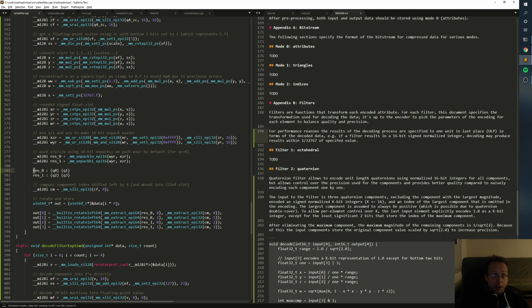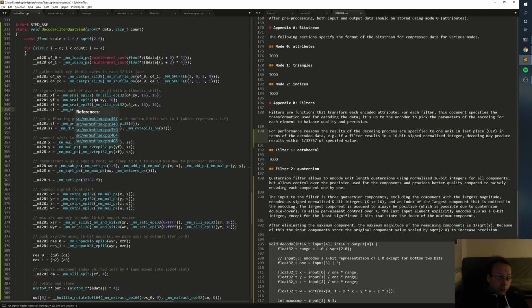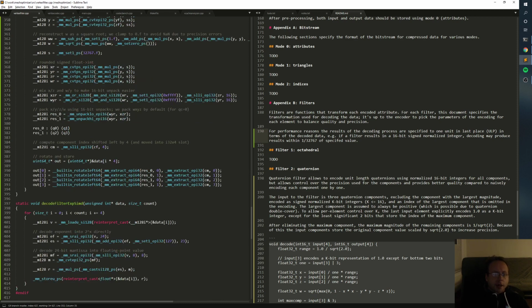One thing I was thinking of is to do, what does this shift by, hold on. Right. So one way to reorder components in a SIMD vector is with shuffles.